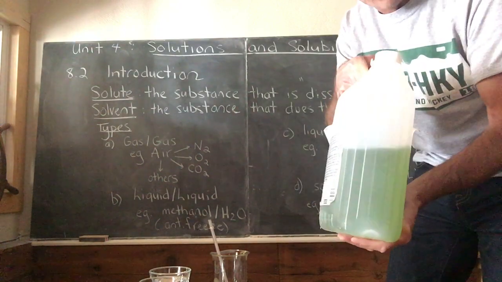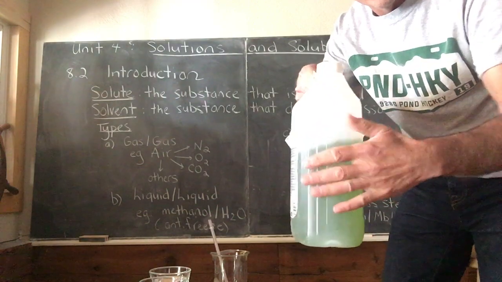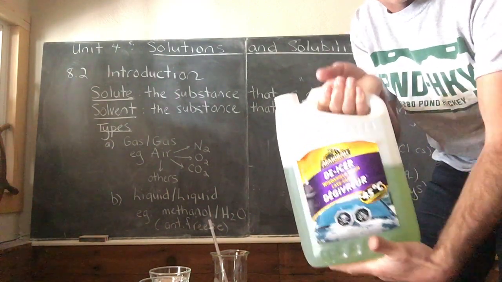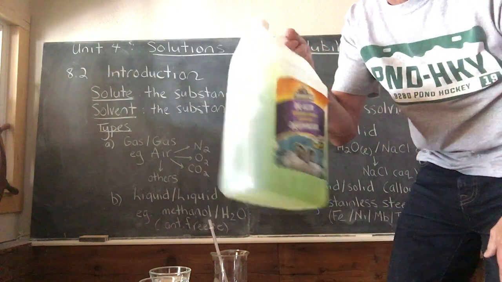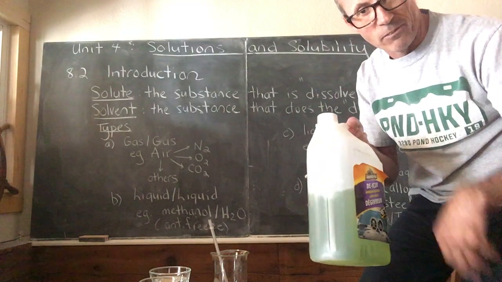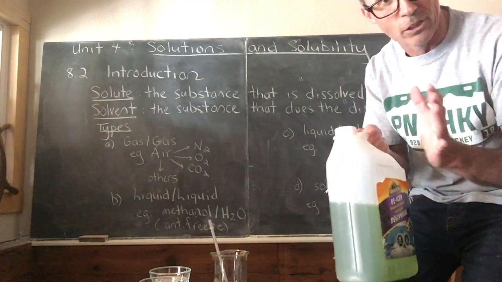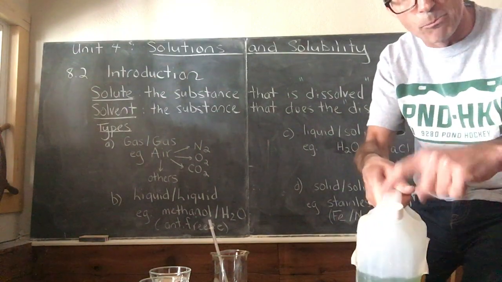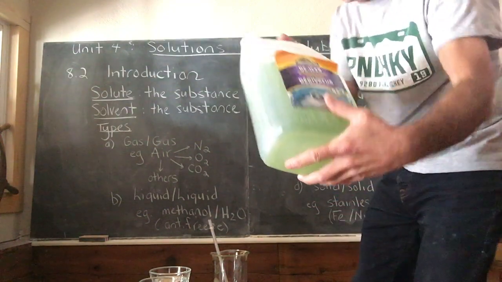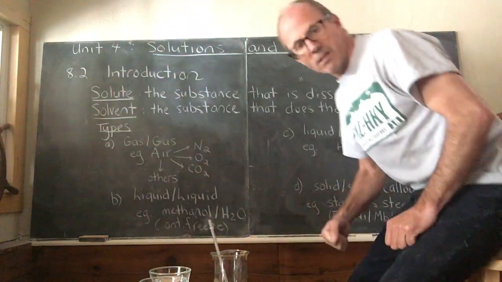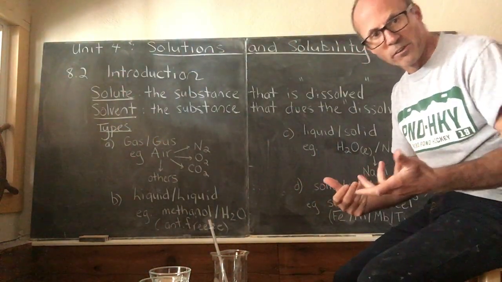Well, this is just methanol and water. It's been colored so that the kids don't drink it necessarily, otherwise it will look just like pure water. It's a solution. This is quite deadly, by the way. If you drink it, it'll kill you. So you don't leave this around where small kids are, and it does have a child-proof cap on it. So, a good example of a liquid solution. Obviously, ethanol and water would be another example.